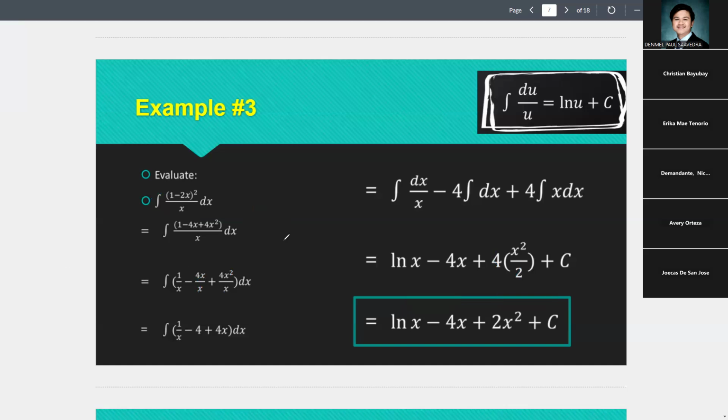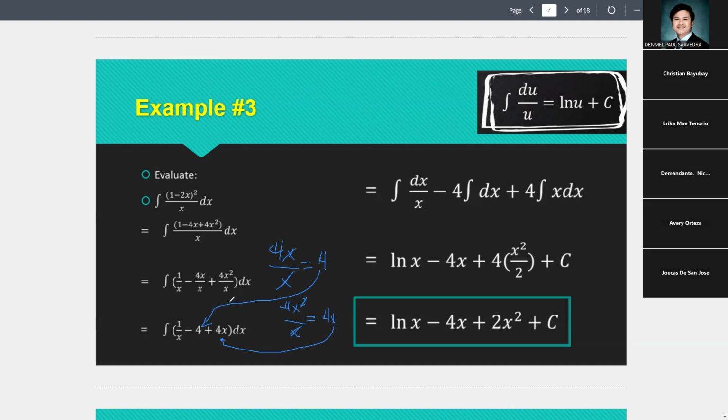Okay? So, 4x over x, of course, kung isi-simplify mo to, pwede mong i-cancel yung x, retaining the 4, which is now this one. Same thing here as well if it's 4x squared over x. So, we can cancel out 1x in our numerator. Okay, retaining 4x, which is now this one.